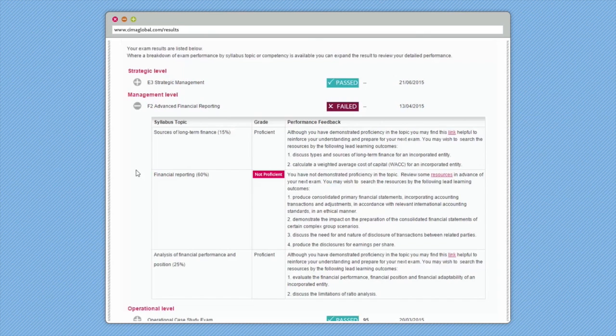Of course, the CIMA exam approach wants me to be proficient across all the syllabus, so the ideal study plan has me learning and revising all areas, but this report gives me a chance to prioritise, particularly if I'd already been graded as proficient in that 15% weighting area.